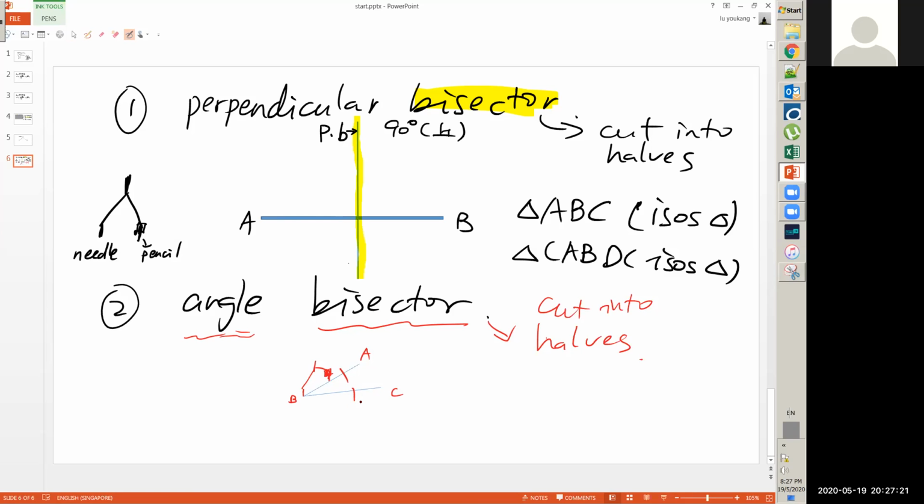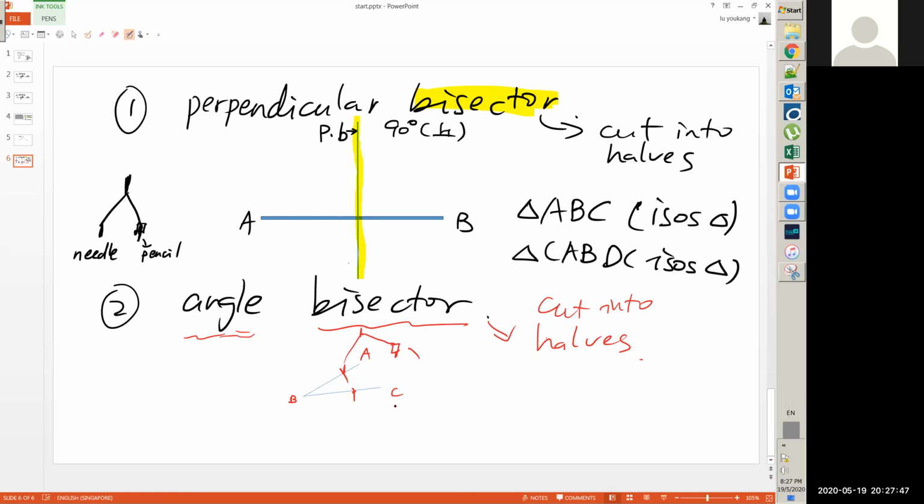Once you have these two points already, move your needle here. So your needle will be here now, and then you can get another arc.